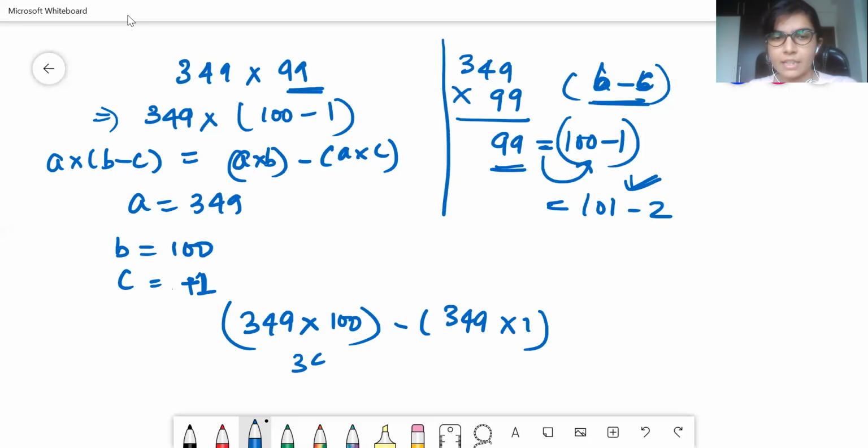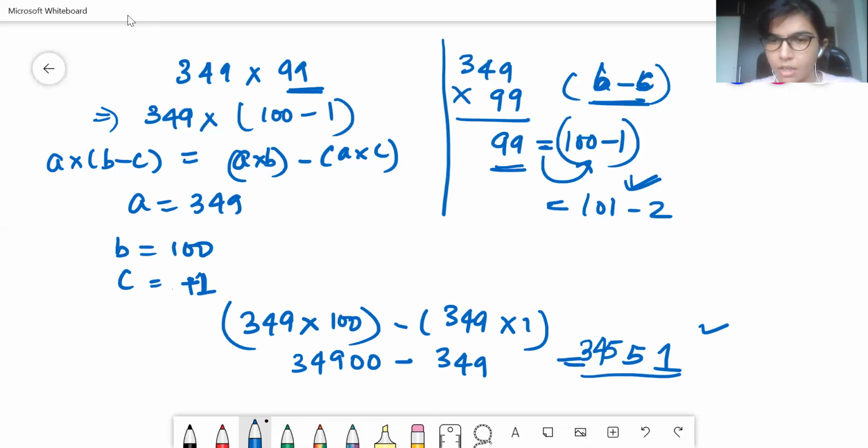So it will be 34900 minus 349, which will be 34551. So 34551 will be the answer.